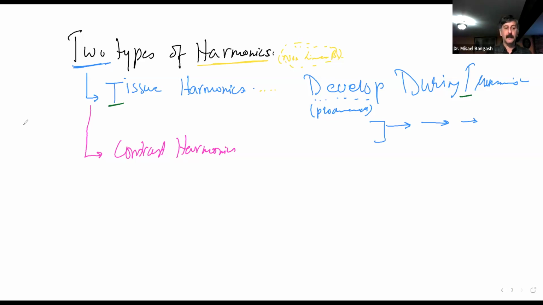The main thing that leads to this is a harmonic frequency, which is going to be twice of that, which will then create what we can call a harmonic image. But those harmonics that we refer to as tissue harmonics develop during the transmission.